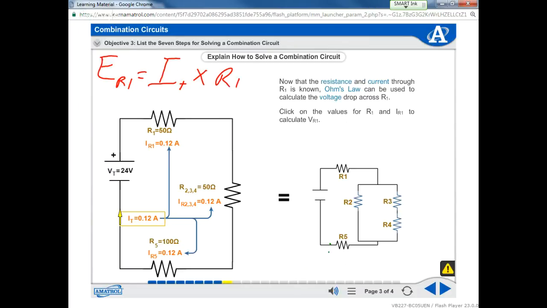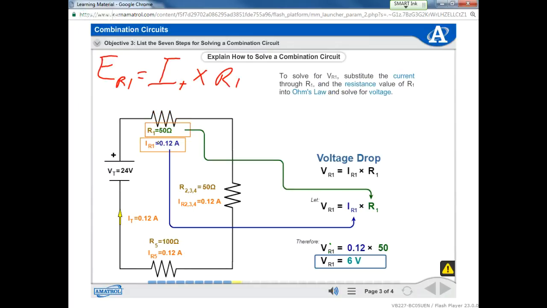Let me get up the calculator. 50 times 0.12. 6.